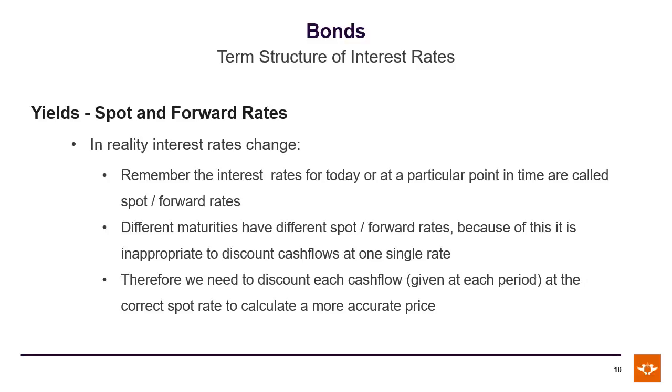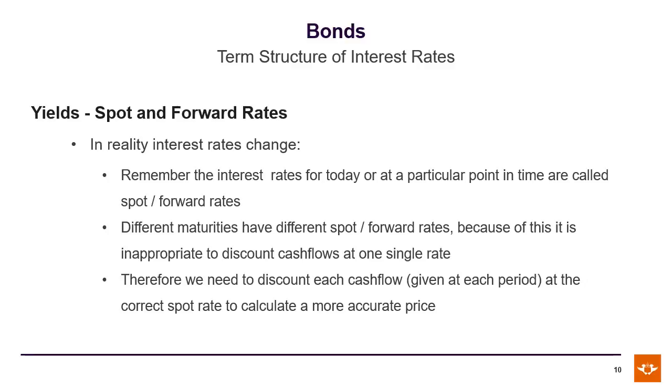Now, we all know, based on our own personal experiences, for those of us who have home loans and car loans and personal loans, that interest rates change. Interest rates are influenced by market conditions in the economy. Inflation targeting influences it. So we have to be mindful that the interest rate environment is never constant. Now, we just learned that the interest rates for today or at a particular point in time are called spot and forward rates.